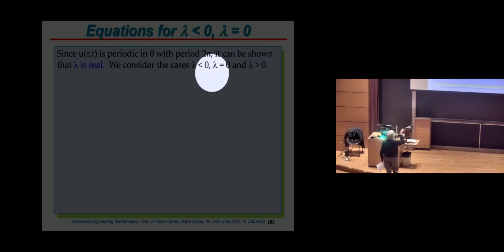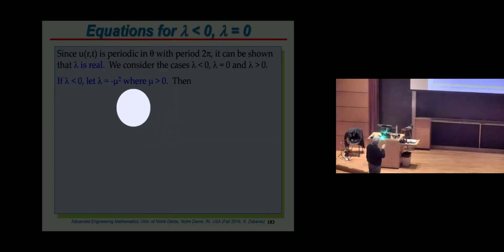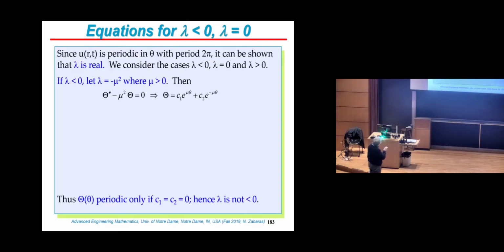And I can tell you, if you forget, for example, to investigate the case lambda equal to 0, you will make a huge mistake, because lambda equals 0 will give us an eigenfunction that is not 0. If it was giving 0, then we say, who cares? But it will give an eigenfunction that is not 0. So if we take lambda to be negative, we can set lambda equal minus mu squared with mu positive.